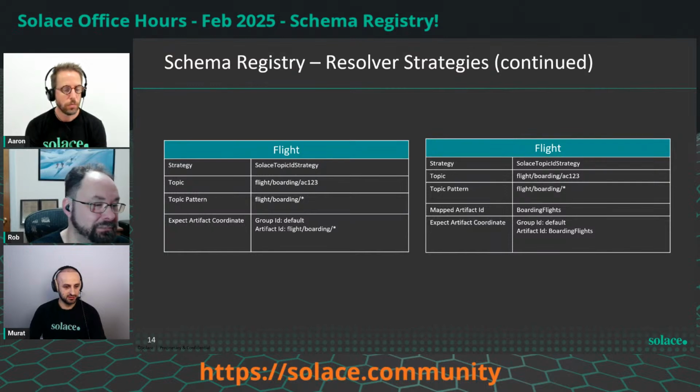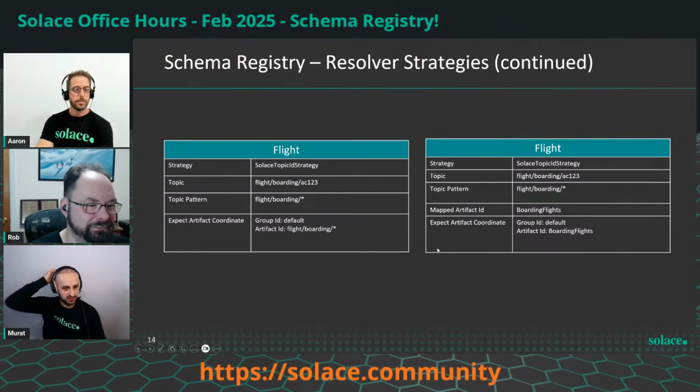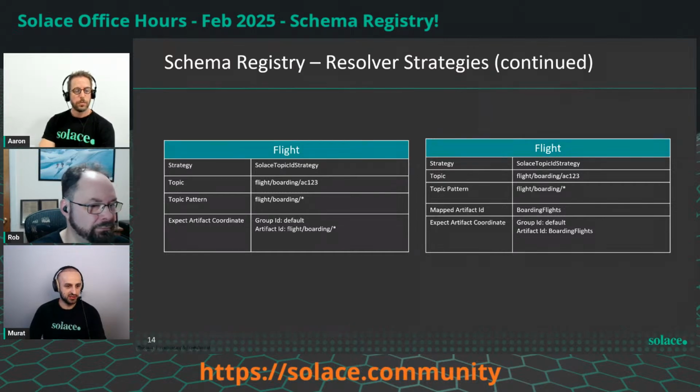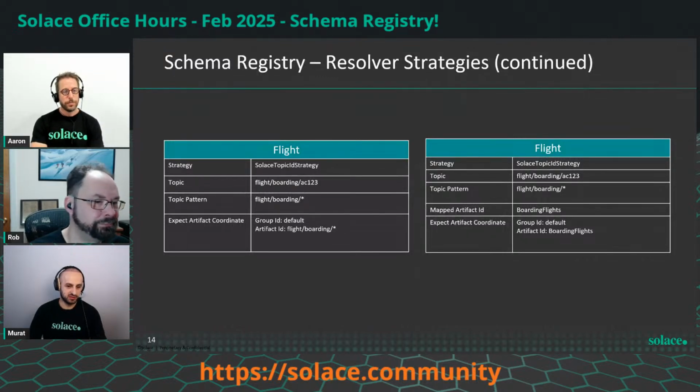Yeah, and just again to interject, the likelihood is that the majority of customers using this will probably use something very similar to the destination ID, where it's really just the topic, and the topic is what links the schema in the schema registry.